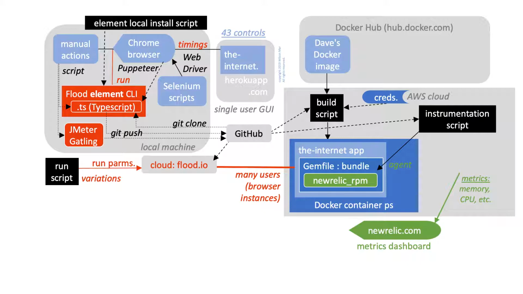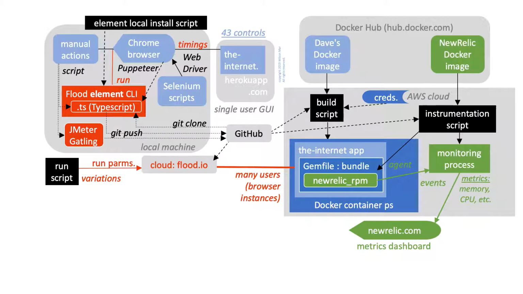During runs, the agent sends notifications about events to a process installed using a Docker image in Docker Hub from New Relic. The monitoring process transfers events collected by agents to a metrics dashboard at newrelic.com.